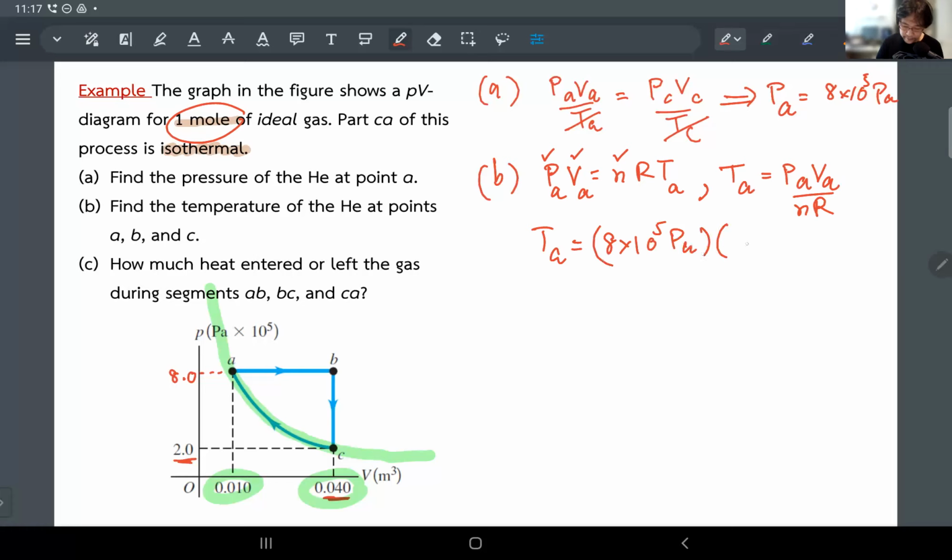Volume at A is 0.01 cubic meter. Over n is 1. R, just leave it as R. I don't want to mess up with the number calculation or anything. It's just because it's a constant, so just leave it as R. So over here, I'm having what? 8,000 over R. That's my temperature at A. You guys with me? Okay.